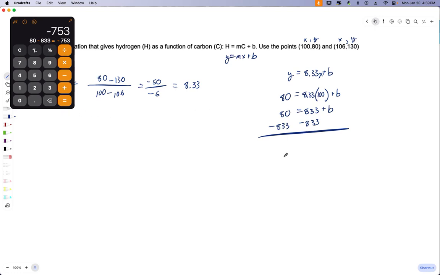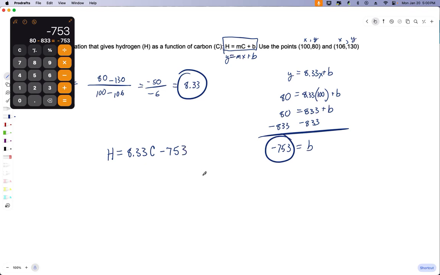So negative 753 is equal to the value of b. Now I can take the slope and the b and drop it into this original equation that we were given. H is equal to 8.33c minus 753. That's going to be your solution.